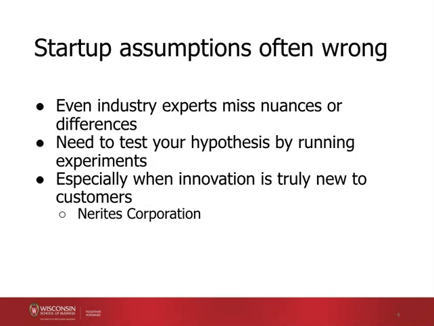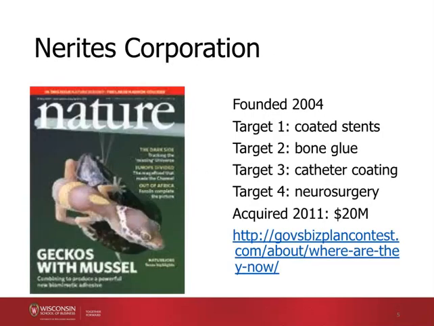I just want to point this out from personal experience with one of the companies that I founded, Narides Corporation. Narides was arguably an extremely capable company with very bright people running it. I feel like I'm a reasonably bright person, and this was my second startup in the biotechnology industry.